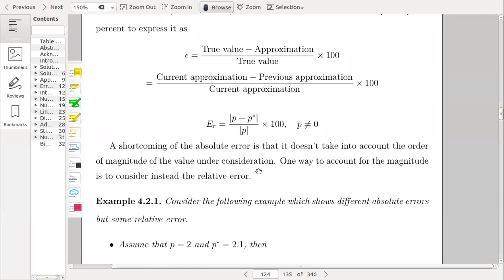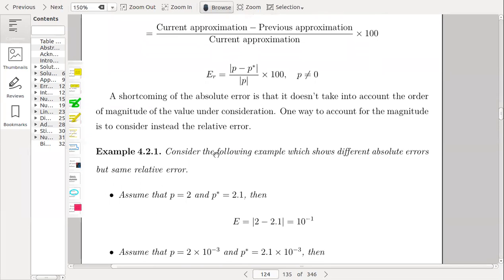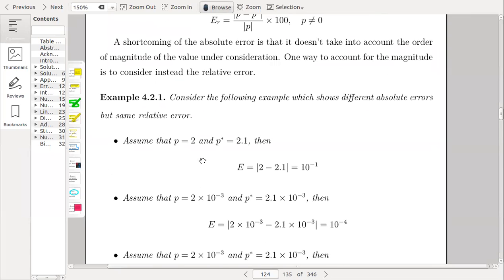So what is the drawback? The absolute error does not take into account the order of magnitude, so it cannot tell you how much percent the error is. But the relative error tells us whether it is 100%, 20%, or how much percent.